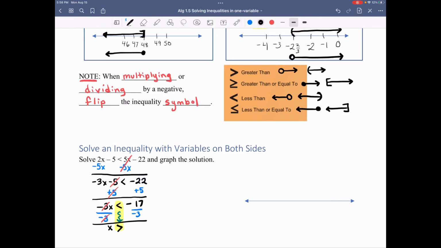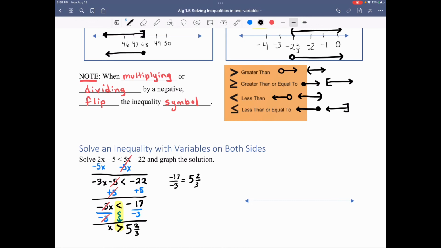So x is greater than, and I'm just going to do a little bit of fraction work. The negatives cancel, or a negative divided by a negative is a positive. So negative 17 over negative 3. 3 goes into 17 5 times because 5 times 3 is 15. 16, 17, that's 2 more, so we do 2/3. 5 and 2/3.